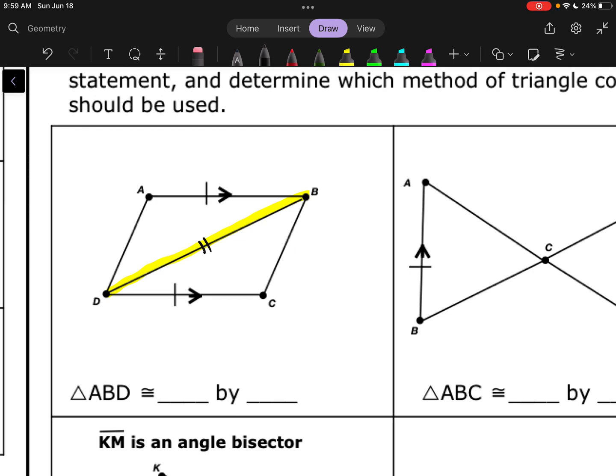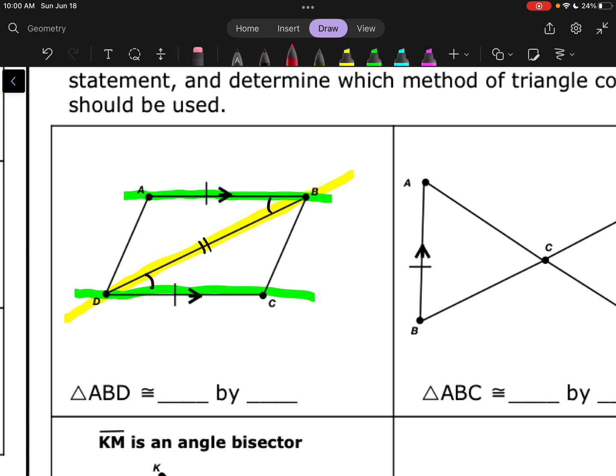We have those arrows. Arrows mean that things are parallel. If I was to imagine extending these lines a little bit and extending this transversal, you might notice that I've got some alternate interior angles.